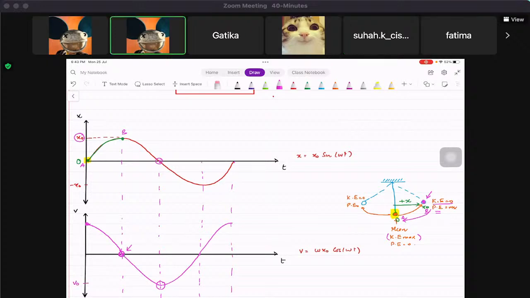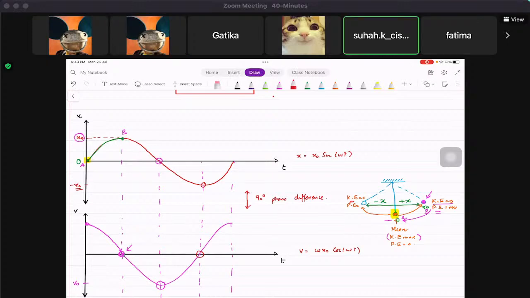When it goes to the other end, to negative displacement, at this point kinetic energy is zero again. So you are at negative displacement right here, but the velocity is zero. Is it clear? So what we learned from this is that between these two graphs there is a 90-degree phase difference, which means that when one is maximum, the other is zero, and when the other is zero, the one is maximum. Is it clear?